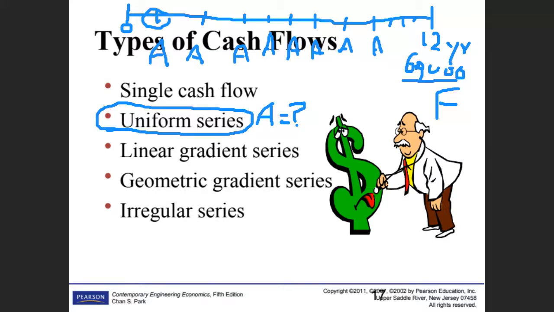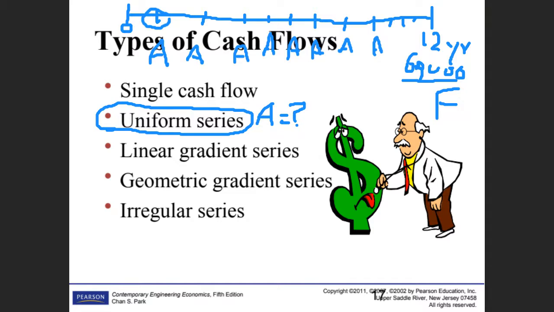For a uniform series, we have a different formula. Now I'm going to share another example. Yes, Abdurrahman, can we say A is 14,000 in this case?